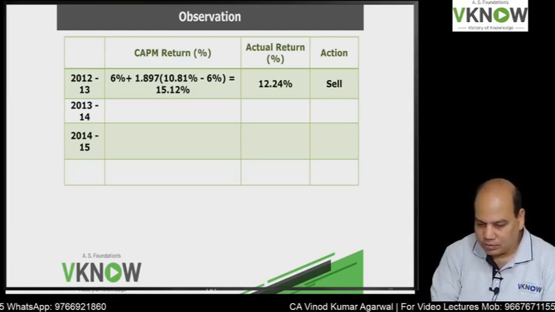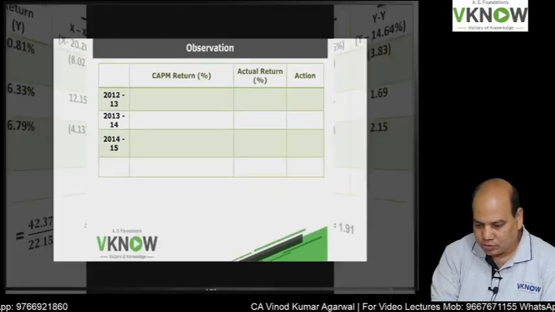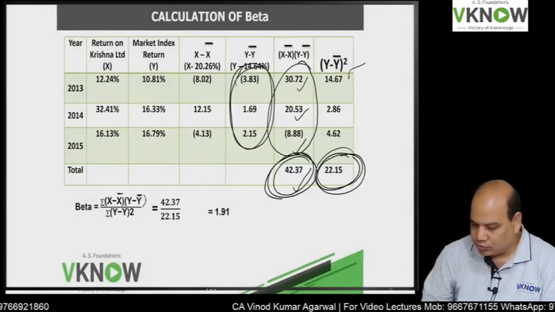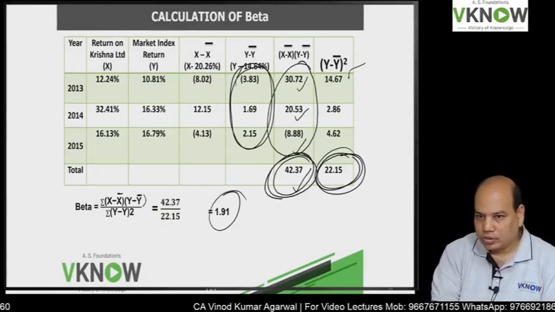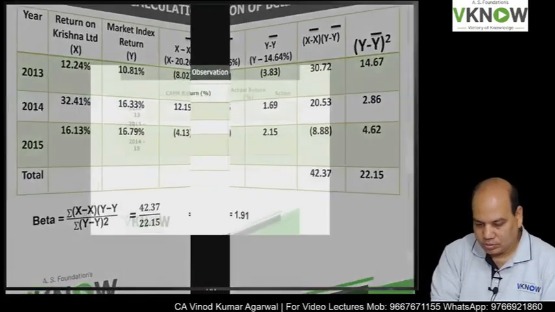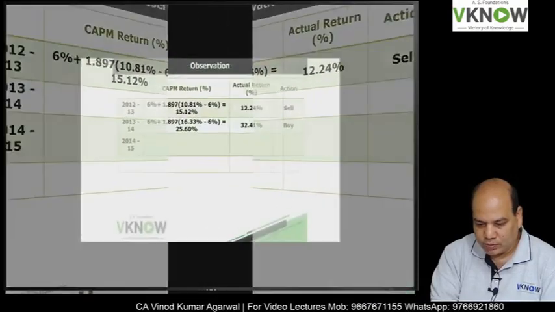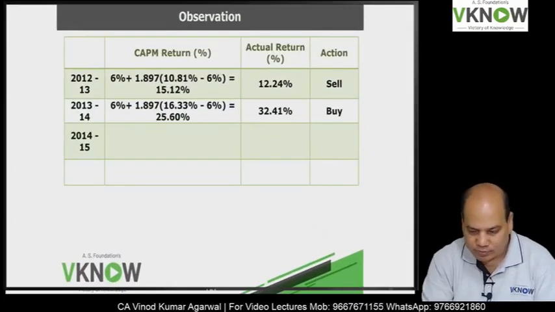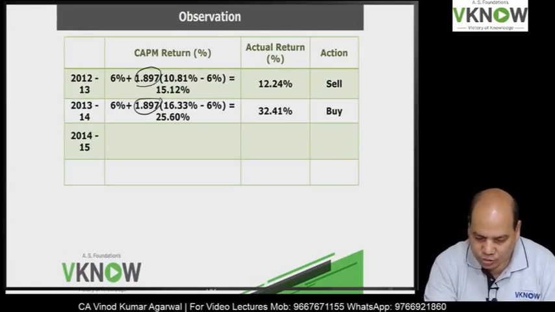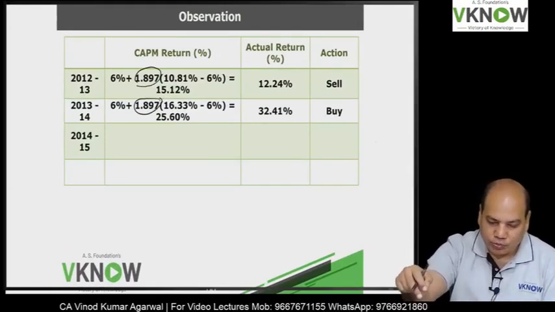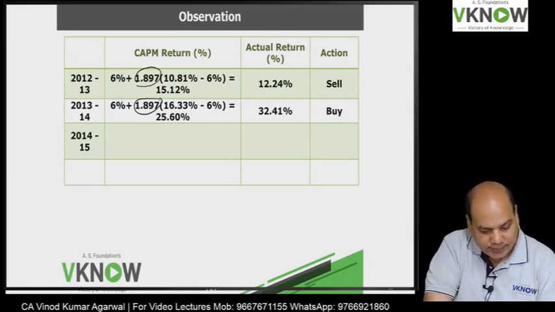Beta is not given. This is your computed, no? That is by mistake. You take 1.91. Whatever beta you have got, take the same figure. I think I have made a mistake in writing here. You can take the same beta which you have got in your previous answer.